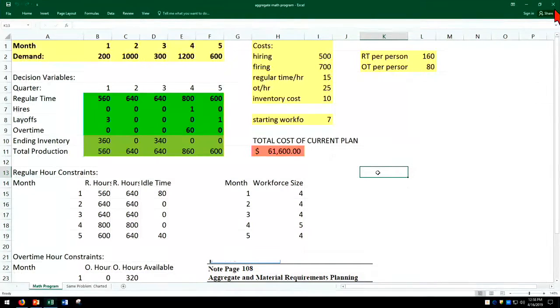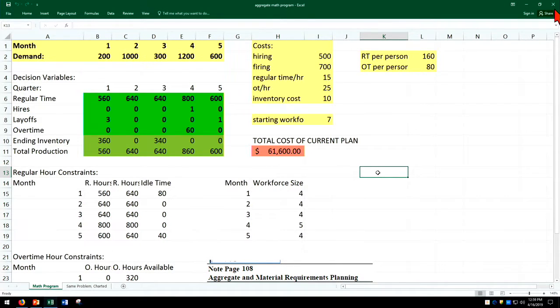I better be sure to get all of the details correct. 640, 640, 800, 600, overtime of 60 in that peak fourth month, a little bit of overtime. Ending inventory in the first month, we've got quite a bit, 360, and then we use it up and there's nothing at the end of the second month, and then we're up to 340, and then we use that up during the peak period.